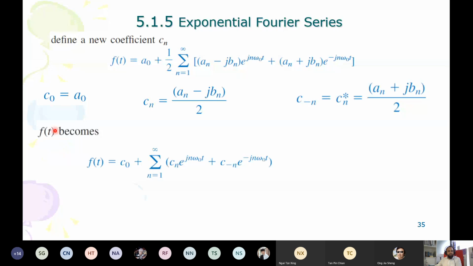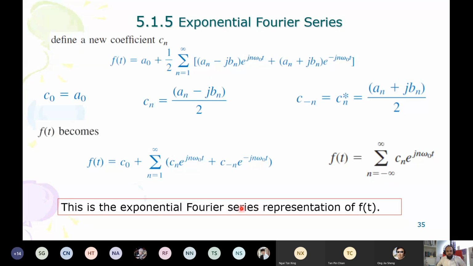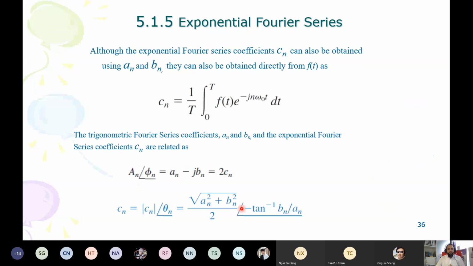But eventually f(t) becomes C naught, Cn and C minus n. This is the exponential Fourier series, or in a closed form it's like this. Okay, this is the exponential Fourier series representation of any function f(t). But we will not find Cn using this formula. Rather, we'll use the other one, which is similar to Laplace.